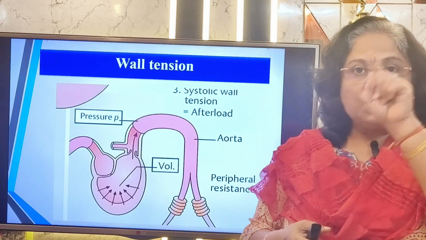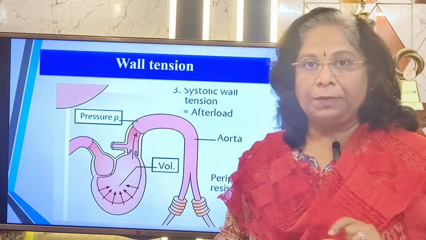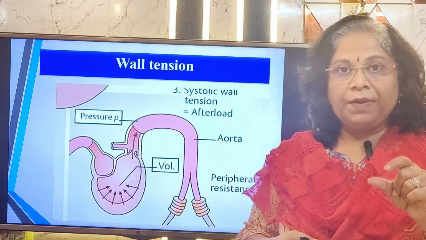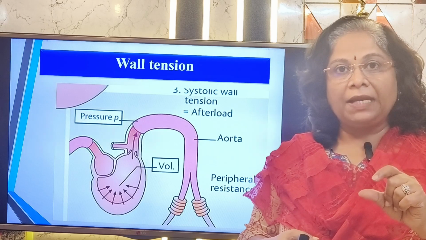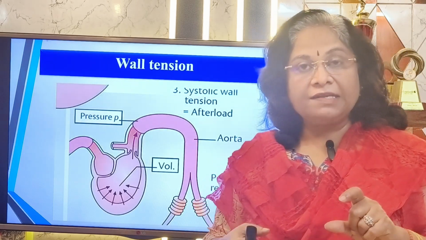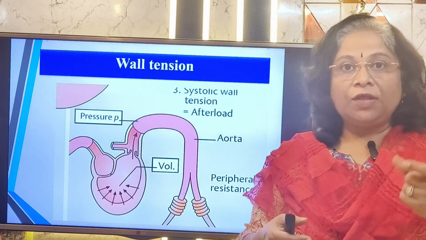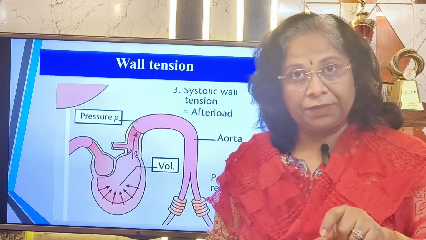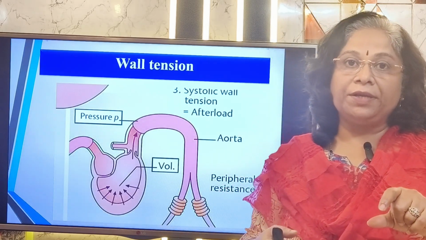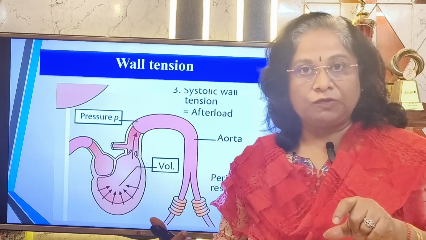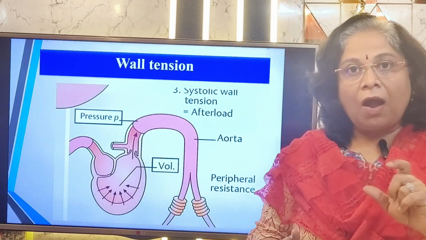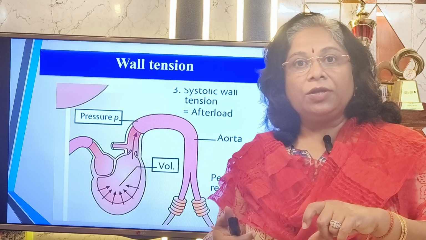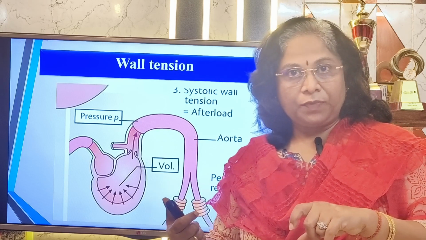Now here the most important factor is the left ventricular pressure, because the left ventricular pressure will be determined by the filling pressure, and therefore it will be determined by venous return. At the same time, it will be determined by the cardiac output also. Now, cardiac output will be determined by the aortic pressure.